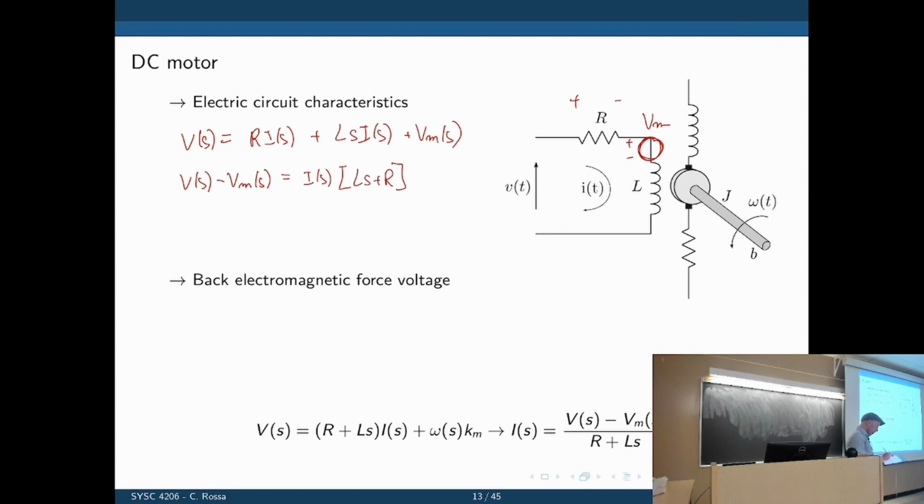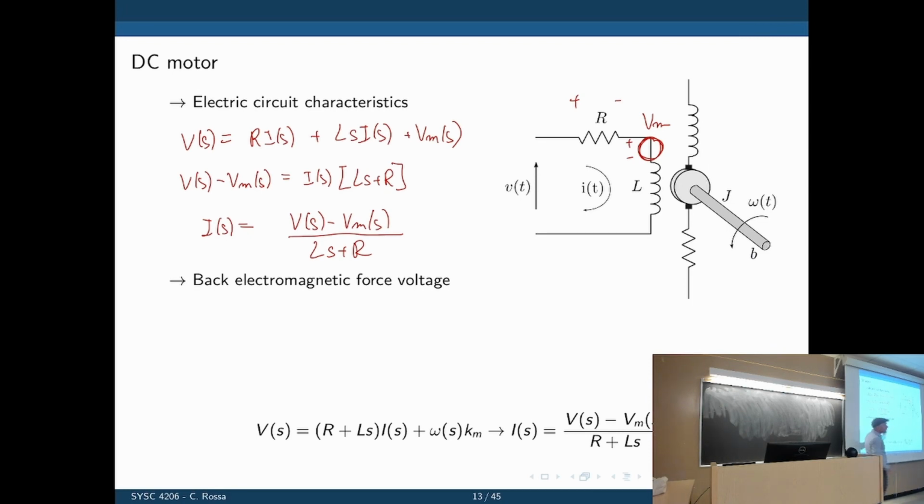Now we have an expression for the current: V of S minus Vm of S divided by Ls plus R. V is the input voltage, Vm is the electromagnetic voltage induced in the stator by the rotating motor, L is the inductance of the winding, and R is the resistance of the winding. Okay? So now we are done with the electrical part.